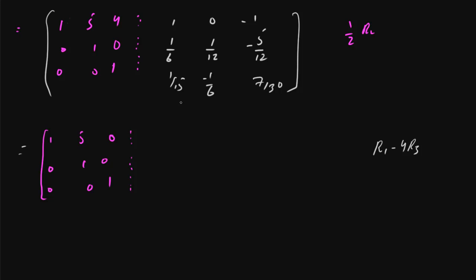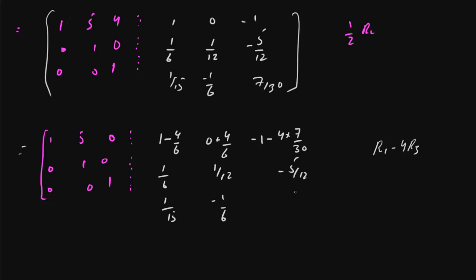Now what we are going to do, multiply that with 4, 1 plus, oh sorry, minus, we are just going to take that to minus, minus 4 and 6, 0 minus 4 minus minus, that will be plus 4 over 6, and minus 1 and minus 4 multiplied by 7 over 30, and 1 over 6, 1 over 12, minus 5 over 12, we will get 1 over 15, minus 1 over 6 and 7 over 30.